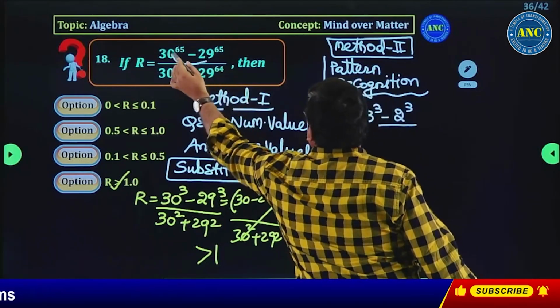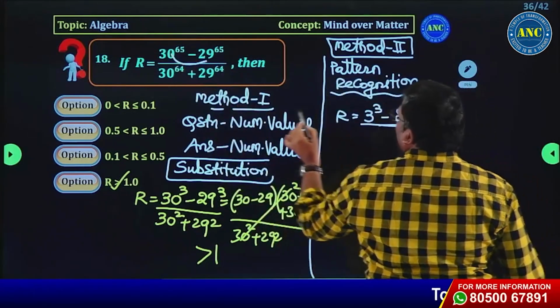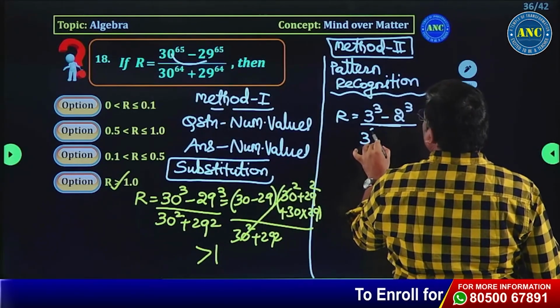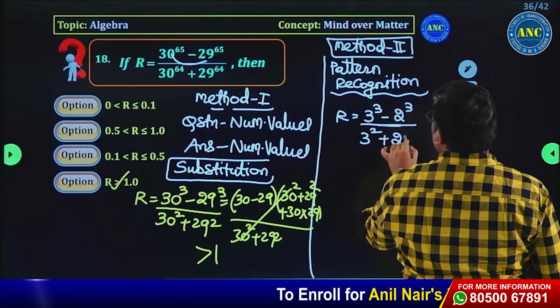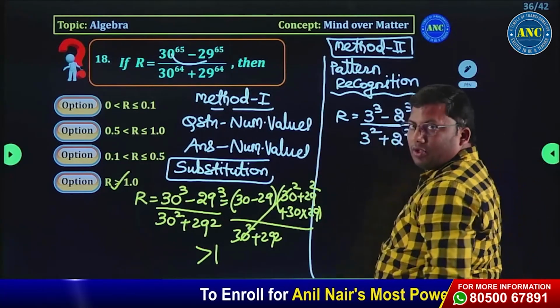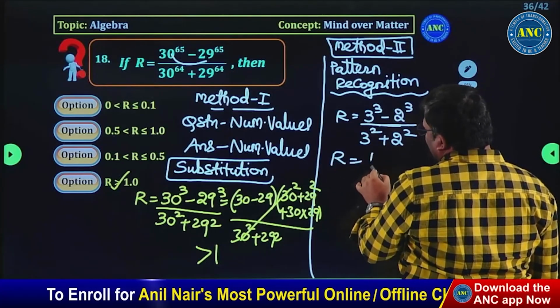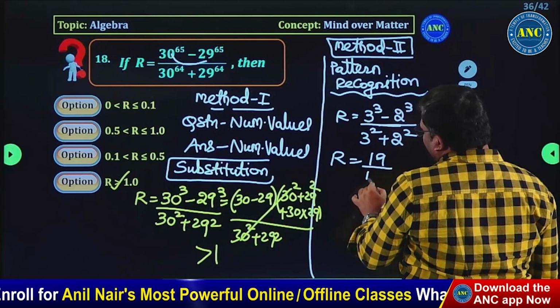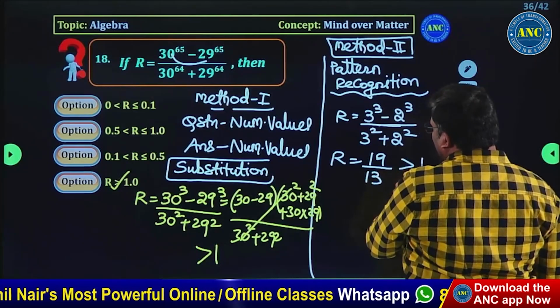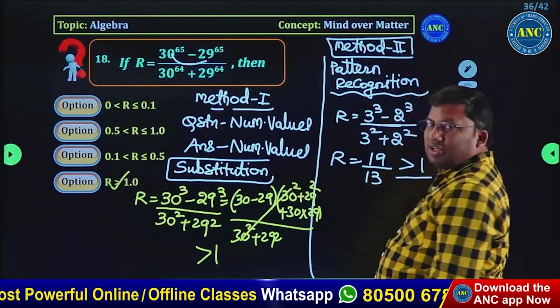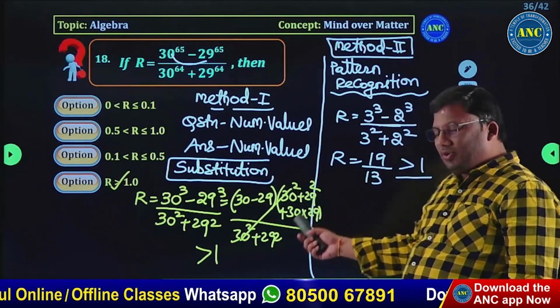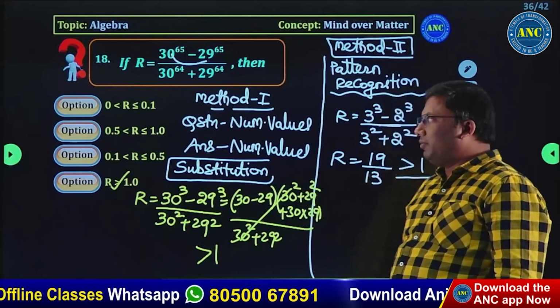This is 1 less than this one. So, 3 cube minus 2 cube by 3 square plus 2 square. This will be 27 minus 8, 19, 9 plus 4, 13, it is greater than 1.